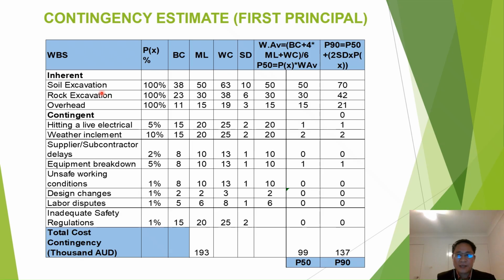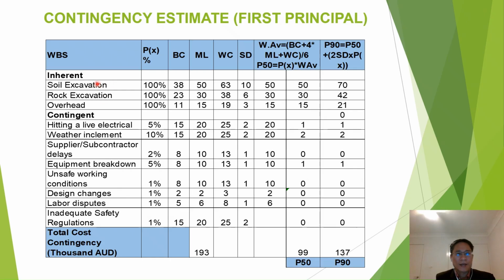In reality, before calculating the contingency, the risk assessment team will organize a meeting with relevant experts and stakeholders to discuss and identify what are the risks that can happen for the project.